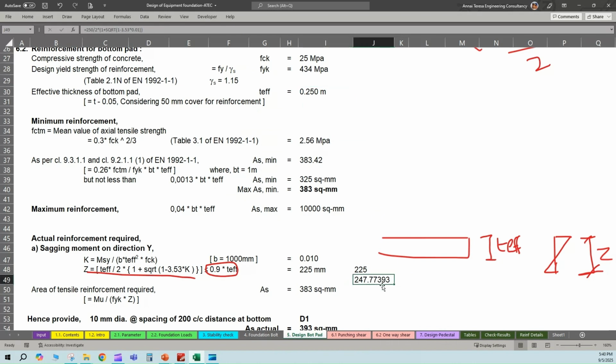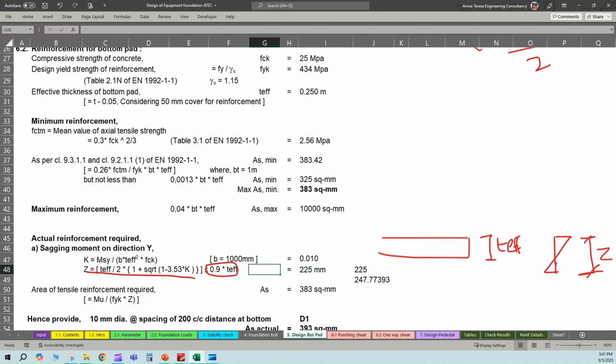Only nearly 2.3 mm is the difference. So this value will not be correct. So only the 225, that is 90% of the t effective, we need to consider.